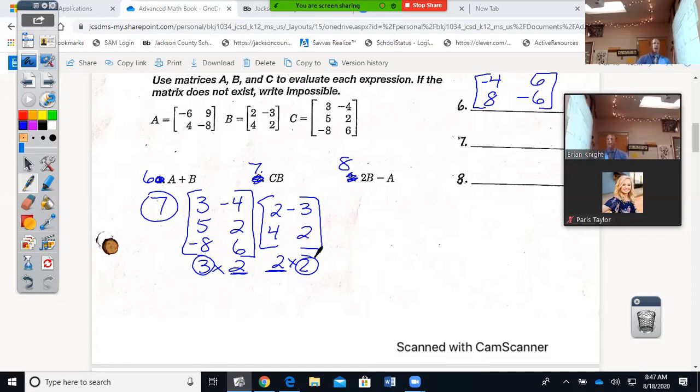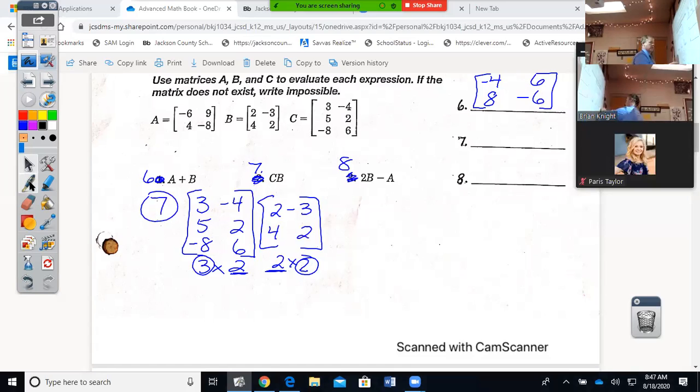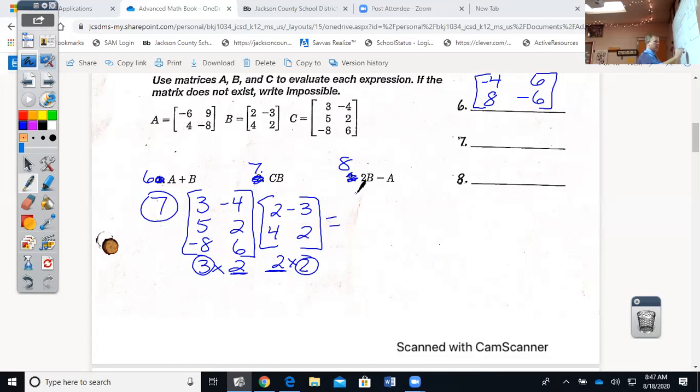It's just a matter of doing row by what? Row by column. Here we go. This row times that column.